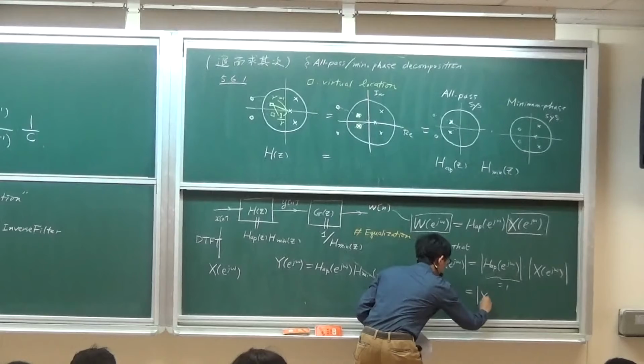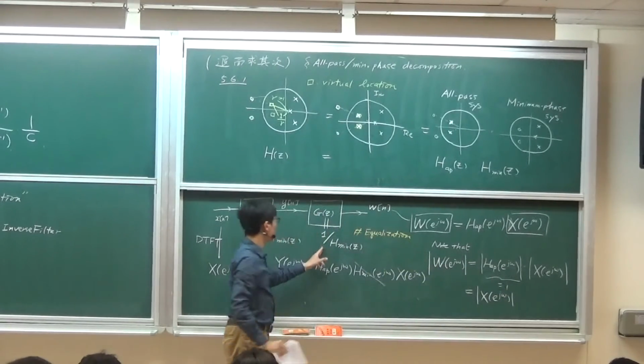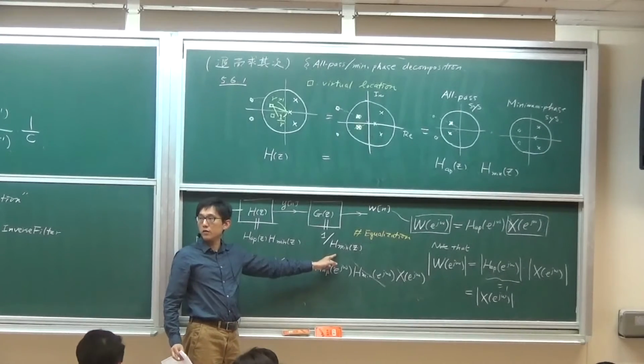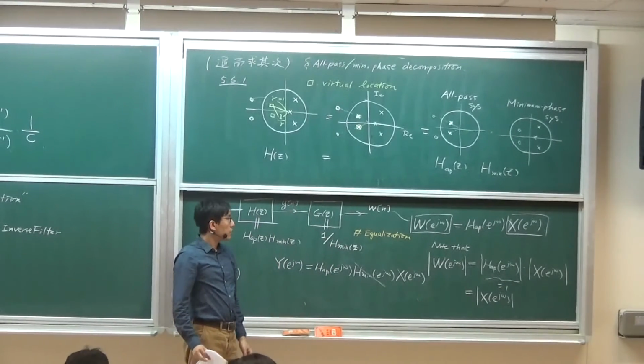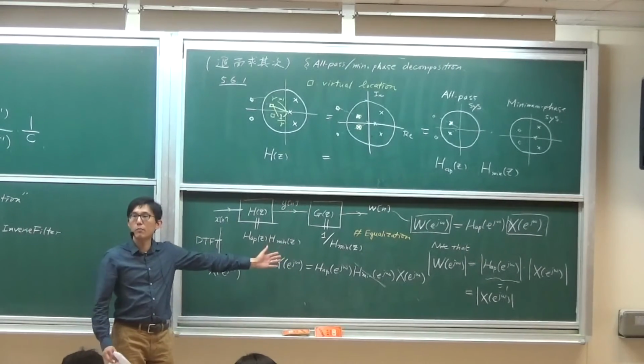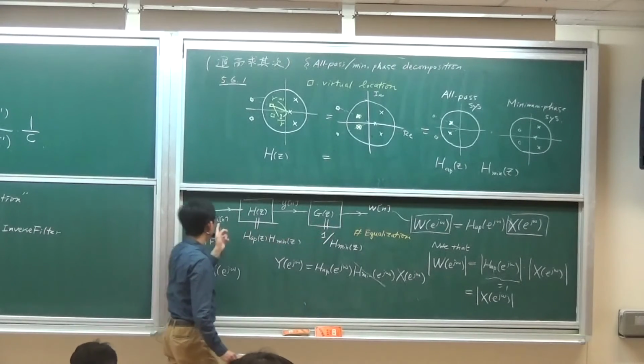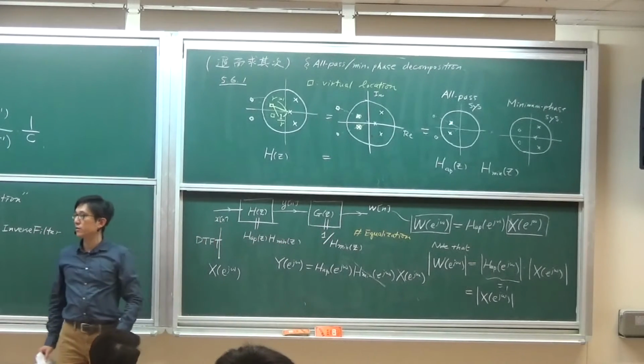We have reached the conclusion that by applying this 1 over H_min inverse filter, the second best thing we can do is equalize the magnitude of output to the magnitude of input at every frequency.